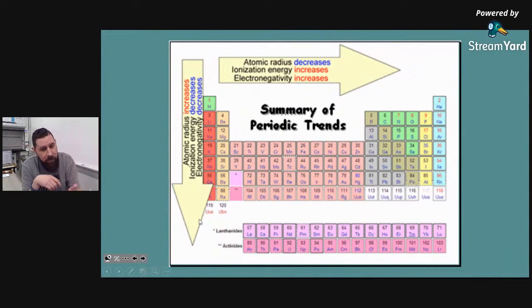So as you're looking down a column or down a family, down a group, your radius, again, regardless of whether it's atomic or ionic, increases. And as a result, all your other trends, ionization energy, electronegativity, electron affinity, are all going to decrease. So as long as you know the trend for radius, then you know that the other ones are opposite. The only thing that's left is the reason why they're opposite. And again, that goes back to Coulomb's law, effective nuclear charge, and electron shielding.